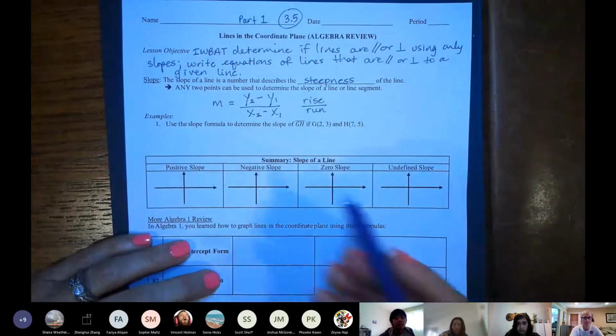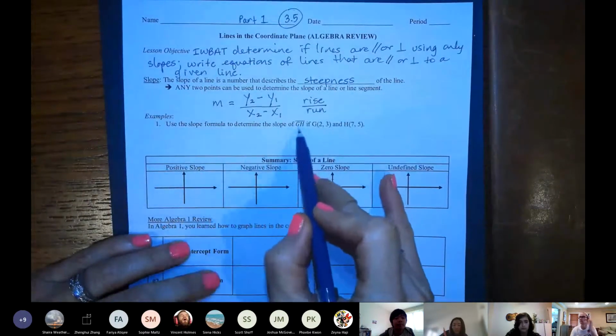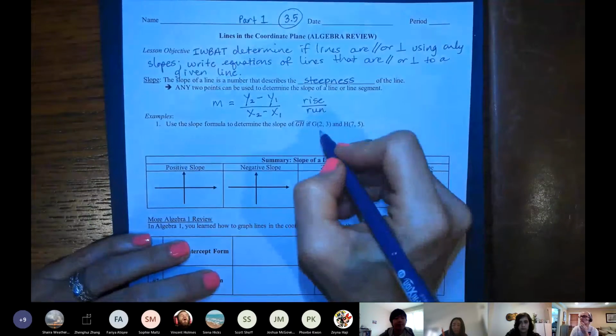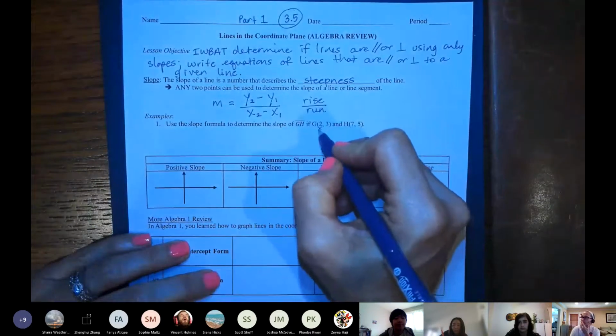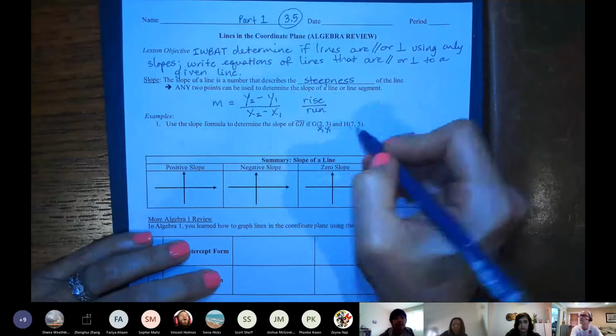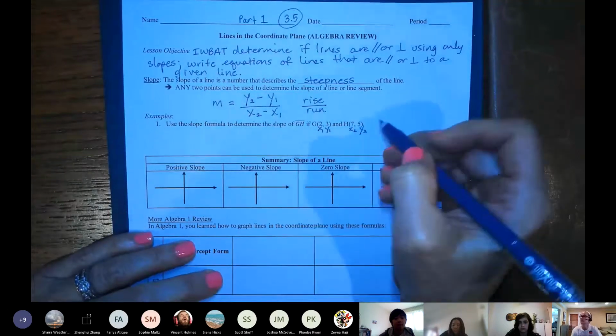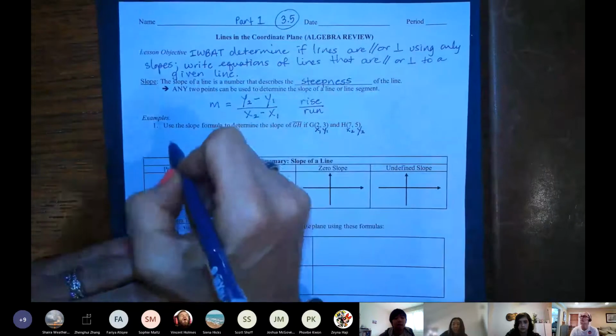Okay, and so here's an example. If you use the slope formula to determine the slope of the segment GH, I would just denote this as the first point, x sub 1, y sub 1, and this is x sub 2, y sub 2, and then I would plug it into this formula.